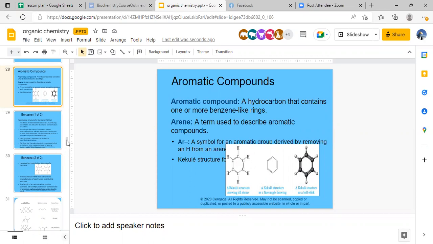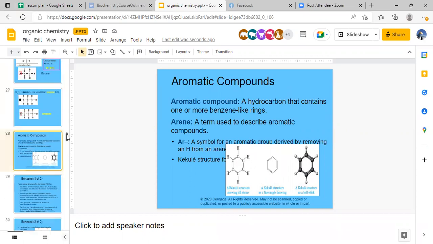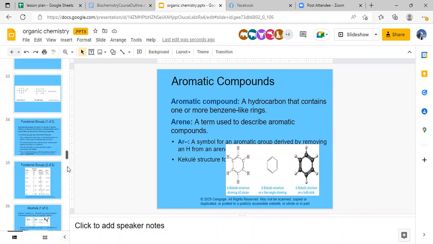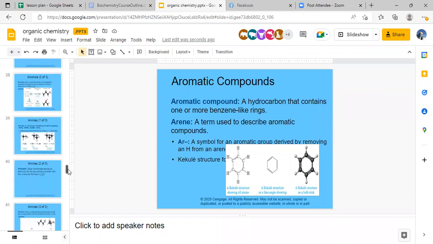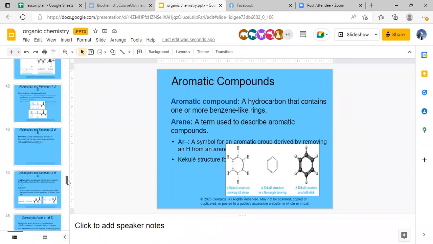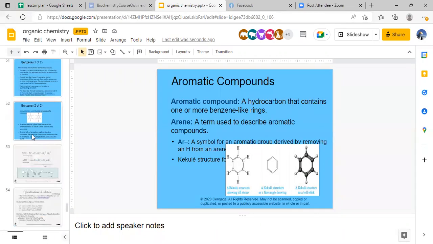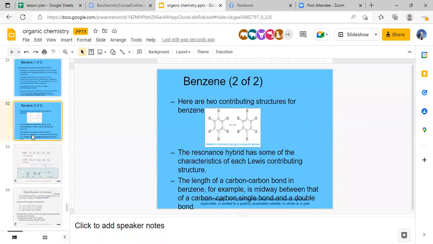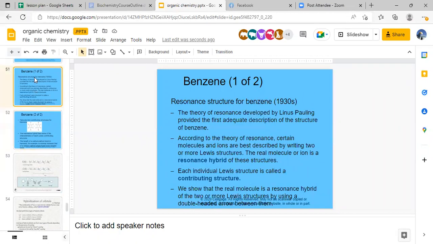Okay, so teka, wala ba dito? Meron akong structure dapat dito ng benzene. Oh, okay, dito yung benzene. Sige, mamaya. Ay, hindi, ididiin ko na lang dito. I-annotate ko na lang.